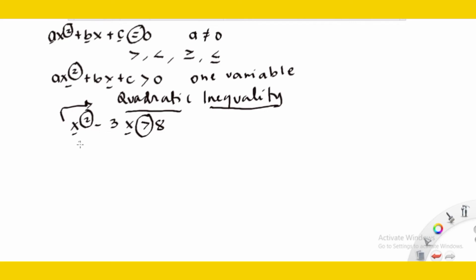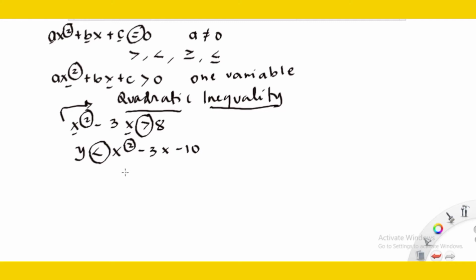Okay? Now, let's have y is less than x squared minus 3x minus 10. So this is also quadratic because the degree is 2. This is inequality because the symbol used is less than, or the inequality symbol.